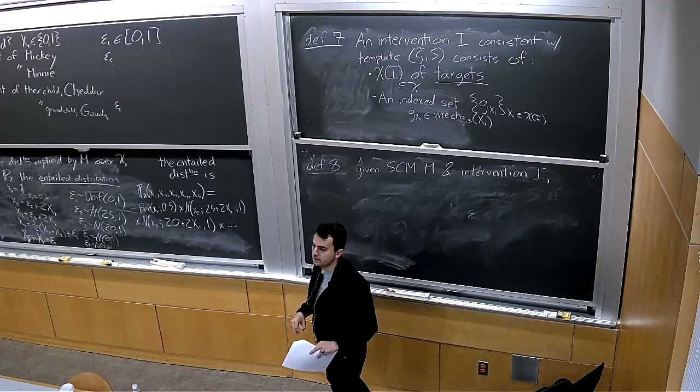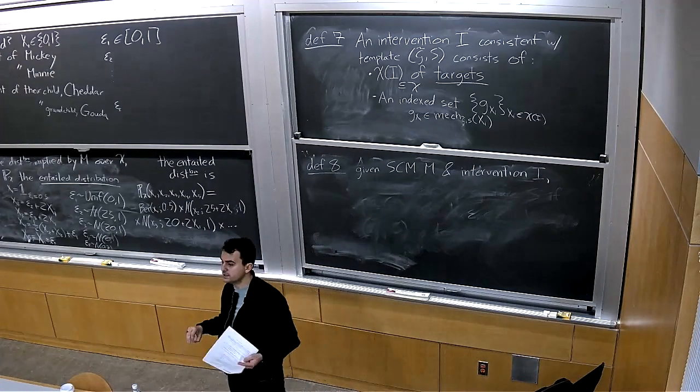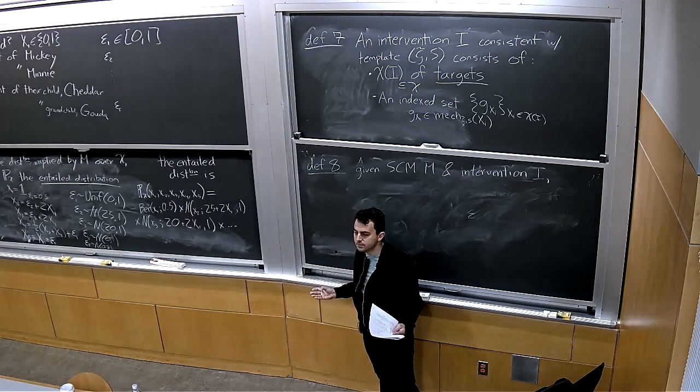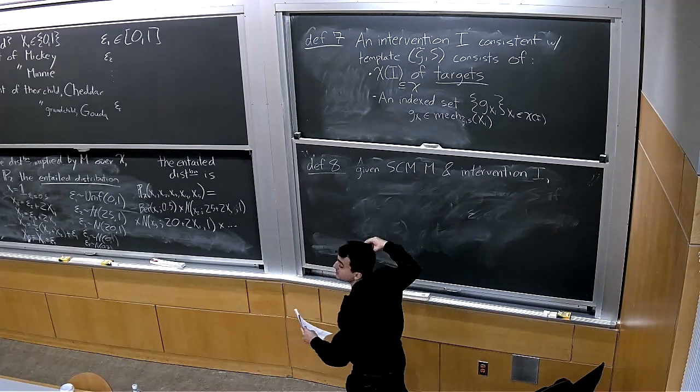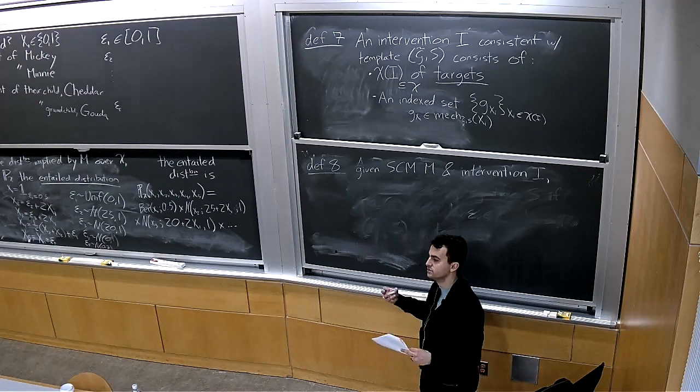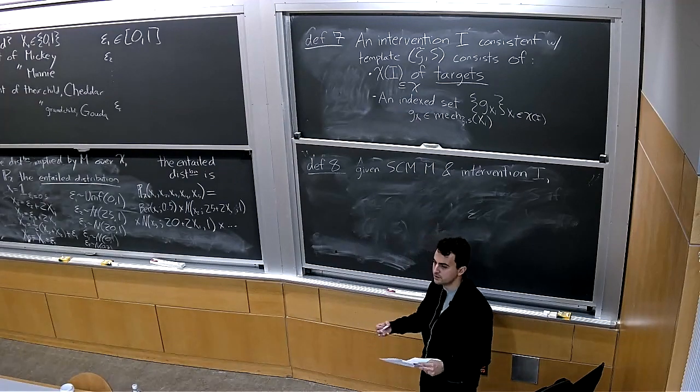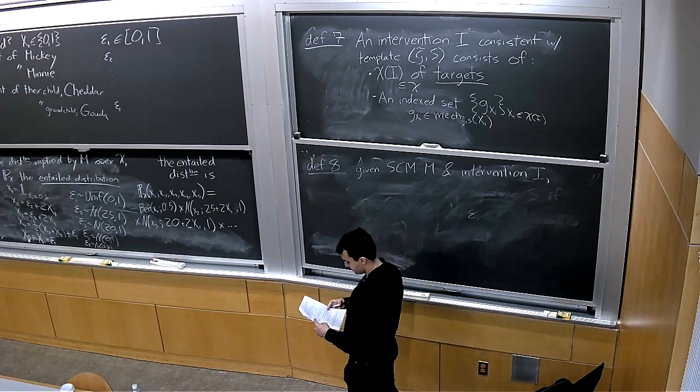I'll be pedantic and say these both need to be consistent with the same template. I'm not going to bother writing that out, but it only makes sense to apply an intervention to a structural causal model if they're consistent with that same template.